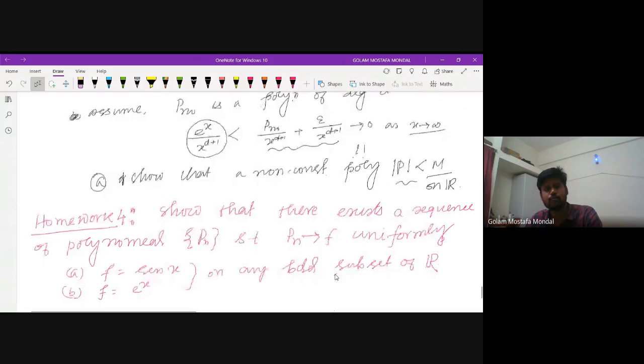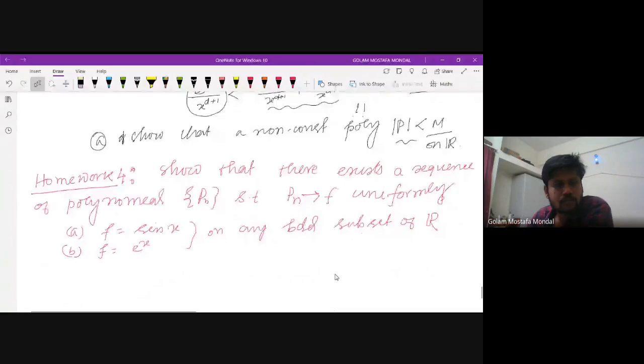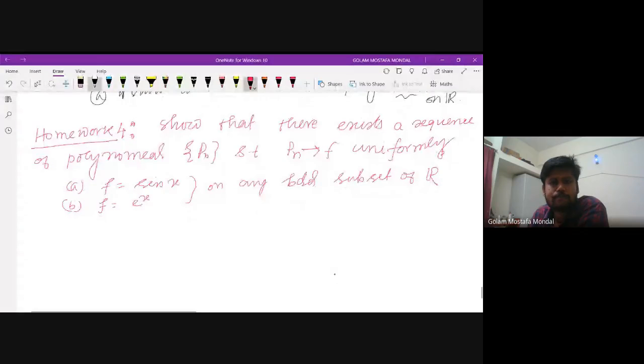This converges to F uniformly. Okay. Note 4.